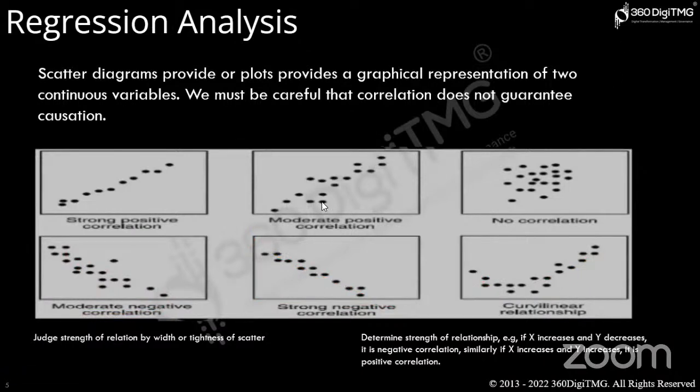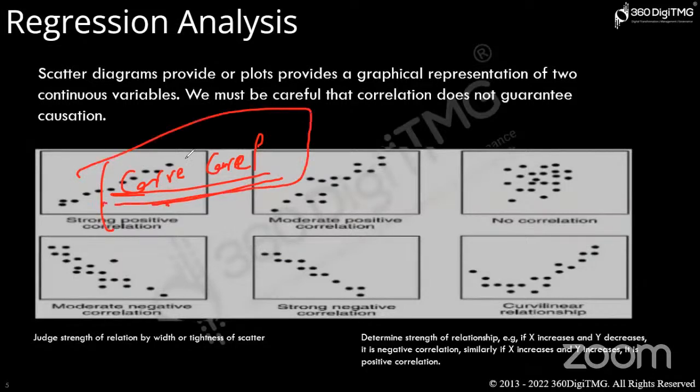So these are the relationships we have. The terms that we are using, strong, moderate, no correlation, are all qualitative. In order to quantify, we will be using the correlation coefficient. To quantify this correlation relationship, we use the correlation coefficient.